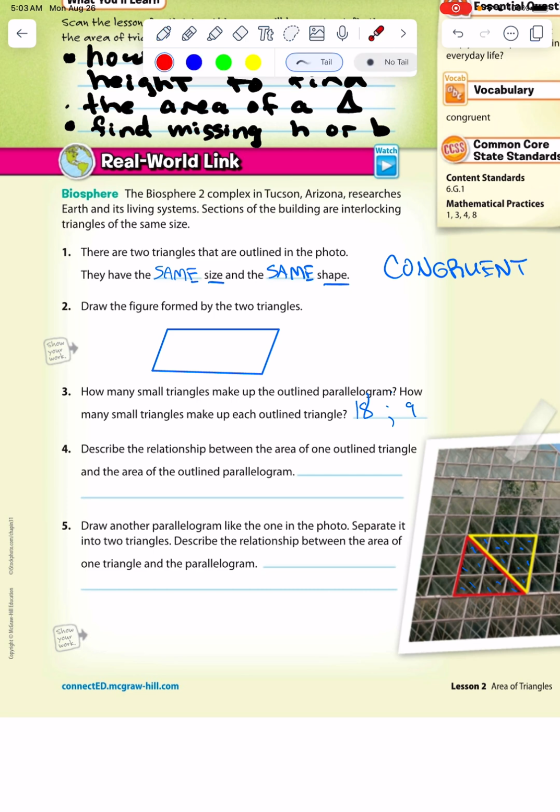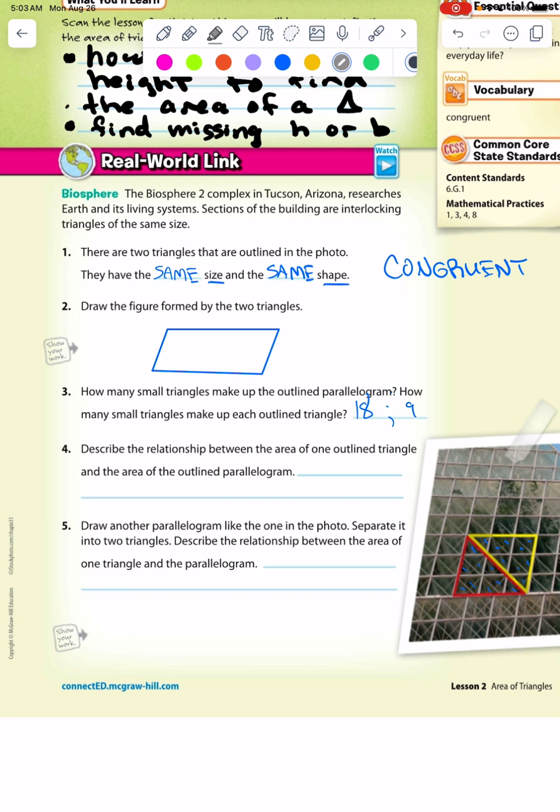So now we are describing the relationship between the area of one outlined triangle and the area of the outlined parallelogram. Well, if there's half the number of triangles in half the parallelogram, then I'd say the area is also half, wouldn't you?